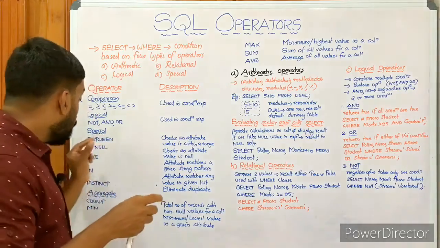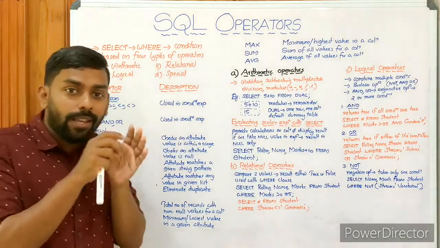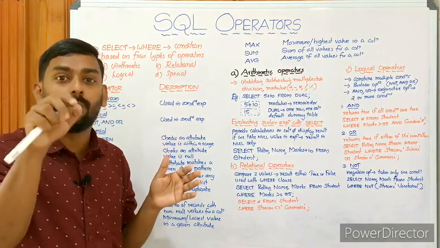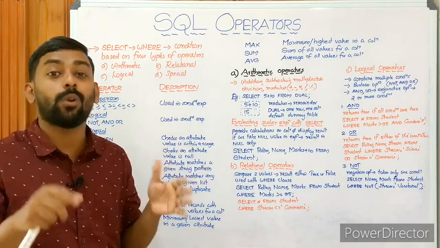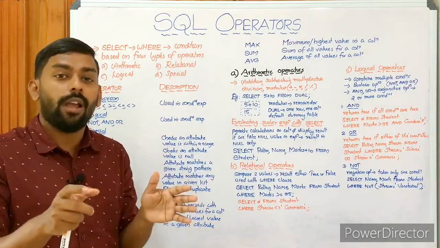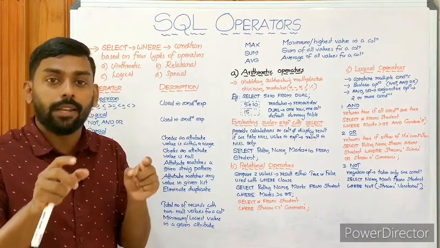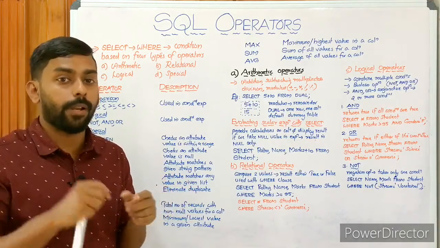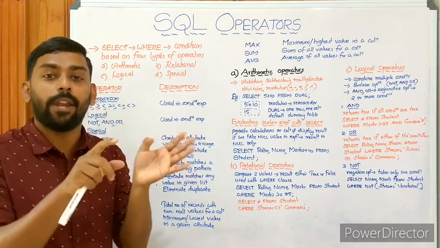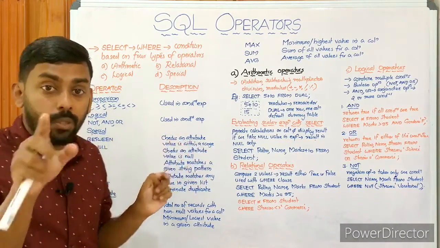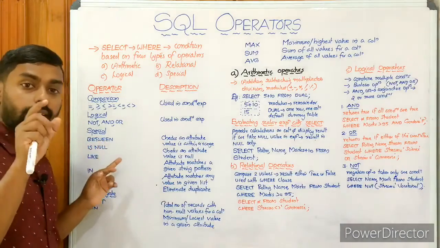So why can't we have an operator like equal to null? We don't have one because null does not have any value, so it cannot be compared with any value. That is why we have an operator called is null.